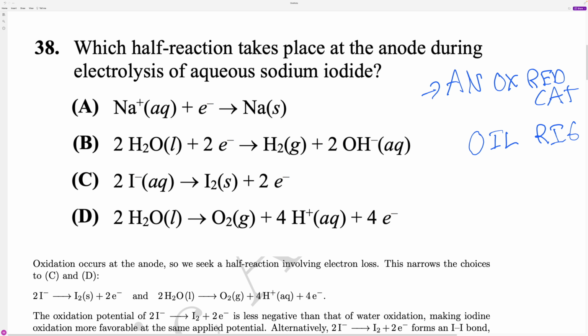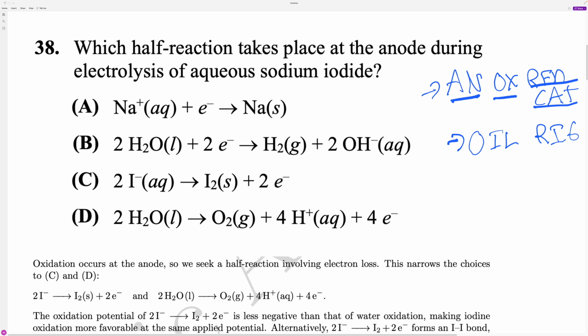AN OX, RED CAT, I've heard many different variations of this, but this is personally how I remember it. It's saying that at the anode, oxidation occurs, and at the cathode, reduction occurs. And then OIL RIG is saying oxidation is loss, reduction is gain. So oxidation would mean a loss of electrons, and a reduction would mean a gain of electrons.